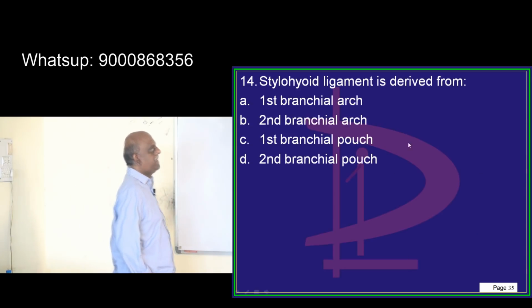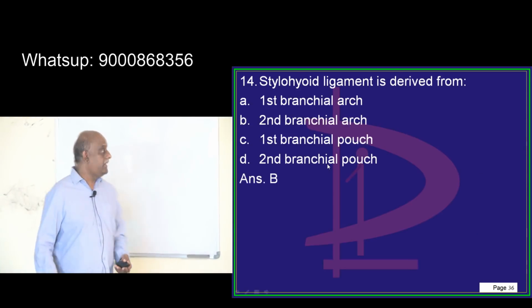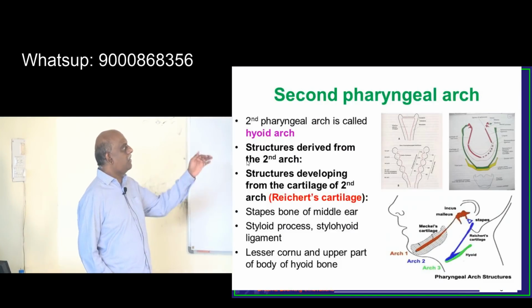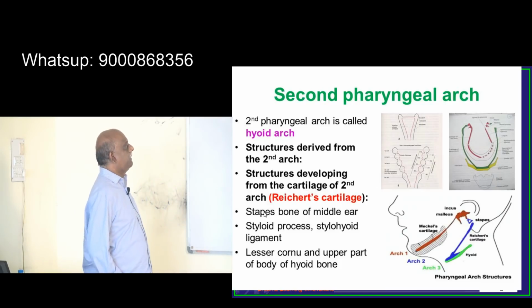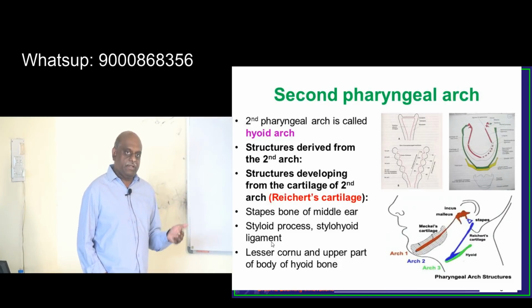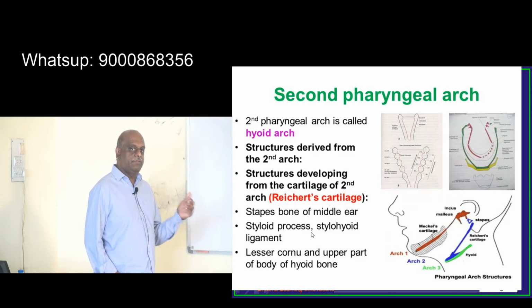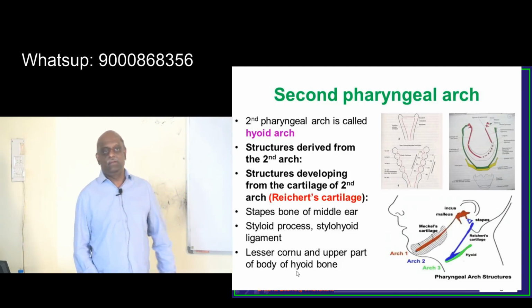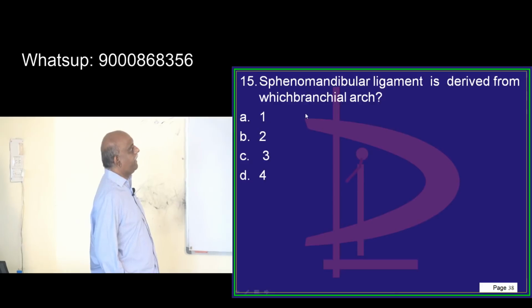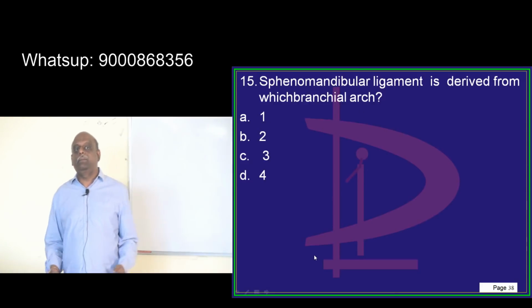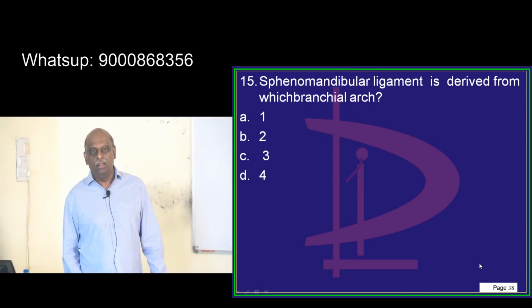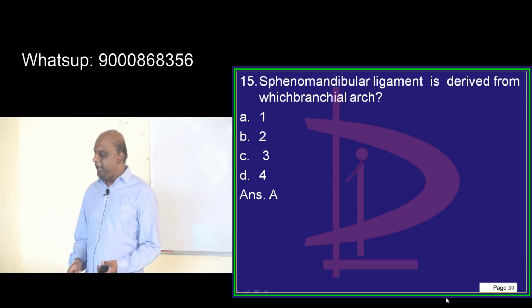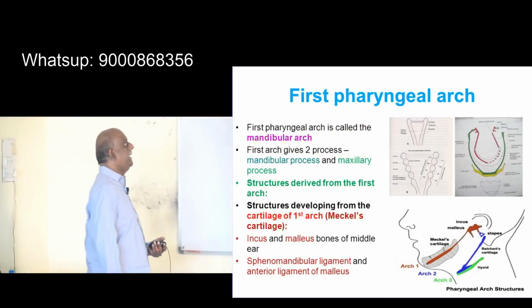The stylohyoid ligament derives from the second branchial arch, also called the hyoid arch, and from that come S for stapes, S for styloid, S for stylohyoid ligament, and it is supplied by the seventh cranial nerve. Sphenomandibular ligament, question number 15, is derived from the first branchial arch.